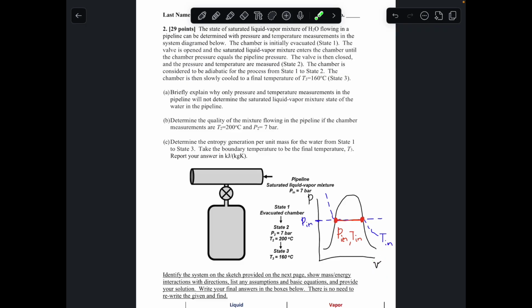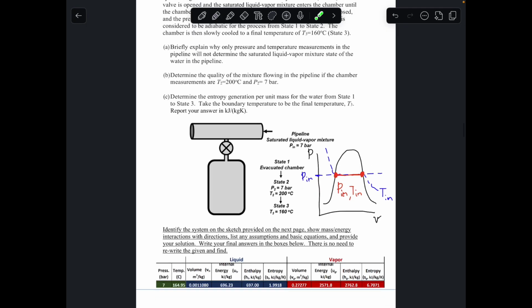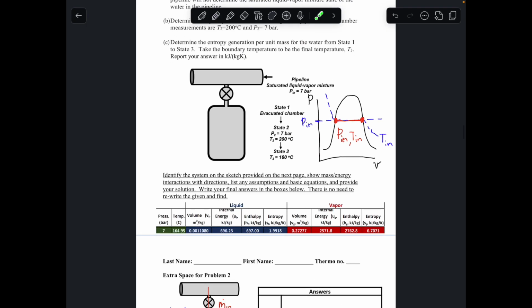But we're not able to do that with just pressure and temperature. Another way to see this, if you like the charts, is by looking at the SLVM charts. You're given a pressure and temperature in the SLVM region, but remember our properties here can vary from here on the liquid side all the way over here with the vapor side, and they can be anywhere in between. So for just the pressure and temperature, we don't know the full state.